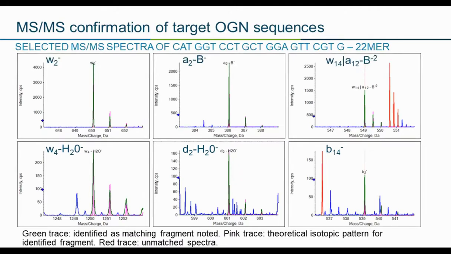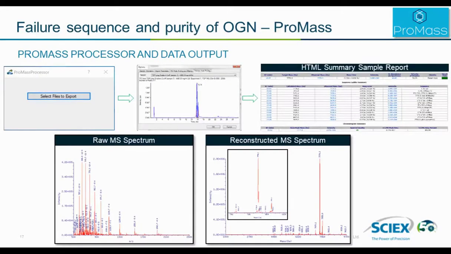And again, because you can do this quite efficiently on a QTOF system, you can also help confirm the sequence by looking at some of the secondary ions as well. Here we see an example of the secondary ions detected and the confirmation you can get when you're running this type of assay on the QTOF system.